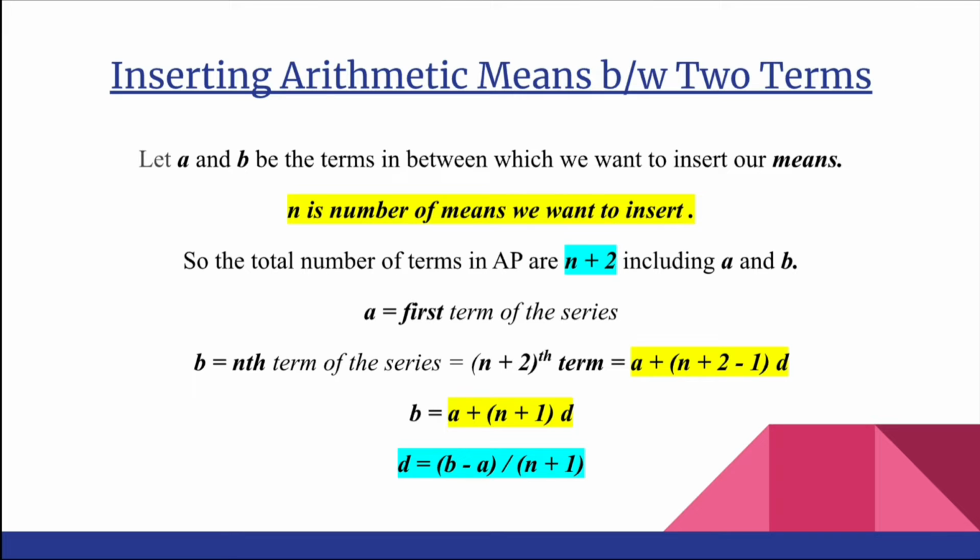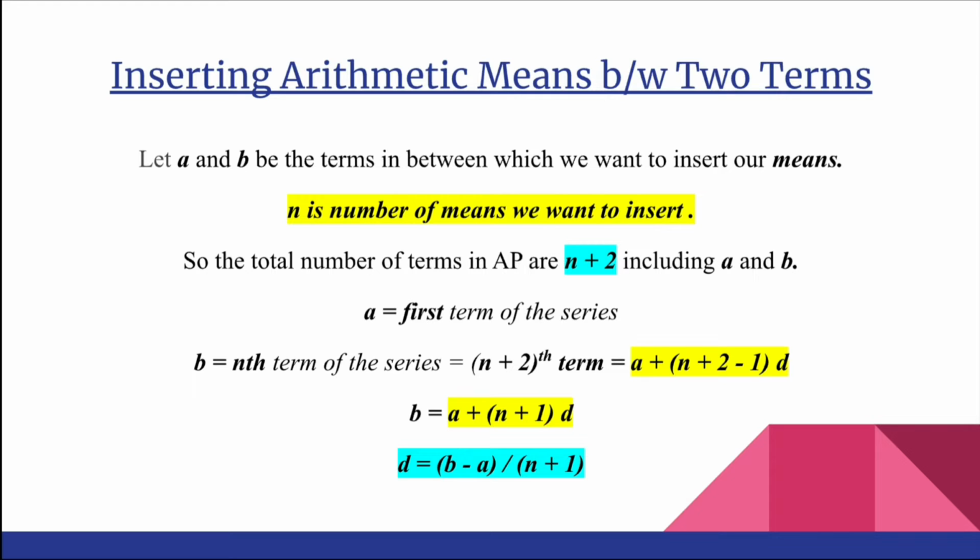We know that the general term of an AP is a plus n minus 1 d, but there are total n plus 2 terms, so it will become n plus 1 d. So b equals a plus n plus 1 times d. When you simplify it, it will become d equals b minus a upon n plus 1. So you will have the common difference.